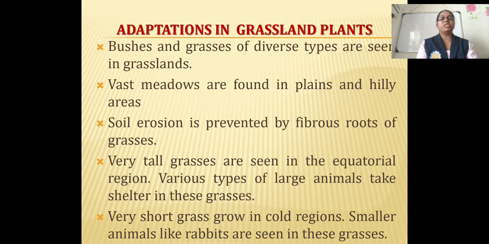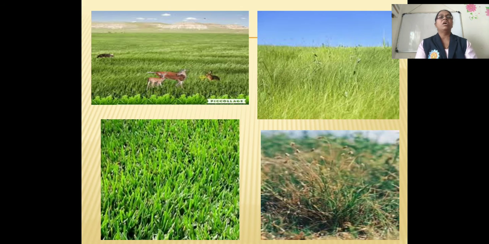Very tall grasses are seen in the equatorial region. Various types of large animals take shelter in these grasses, and very short grass grows in cold regions. Small animals like rabbits are seen in these grasses. Here you can observe the grassland region.